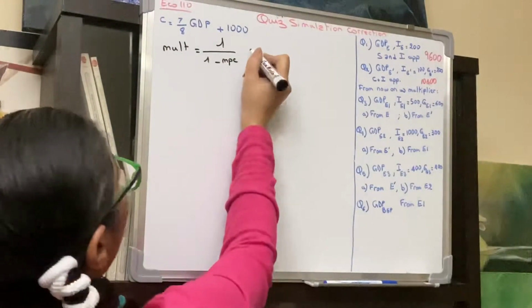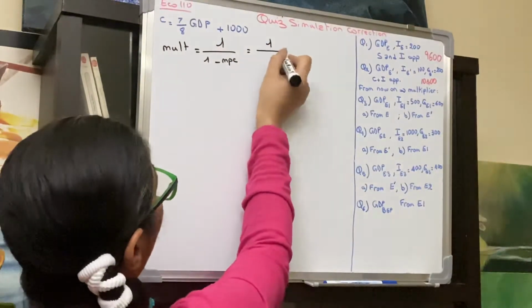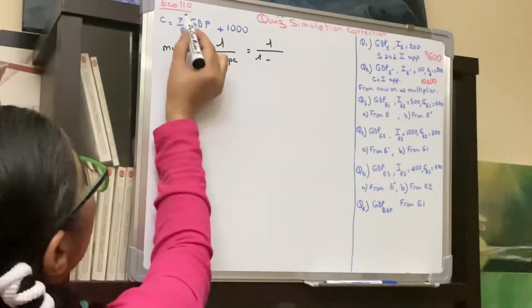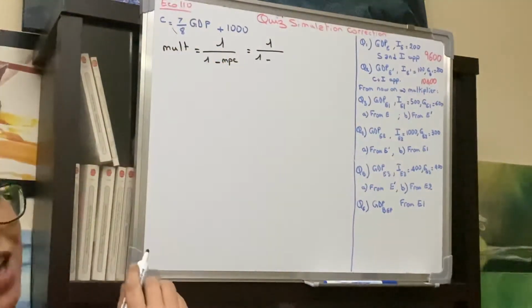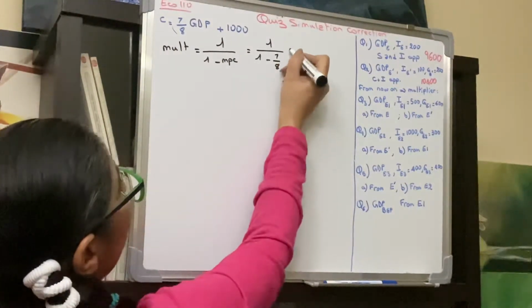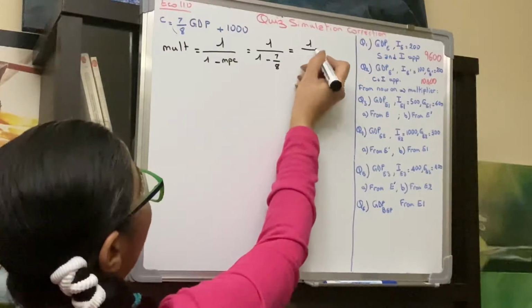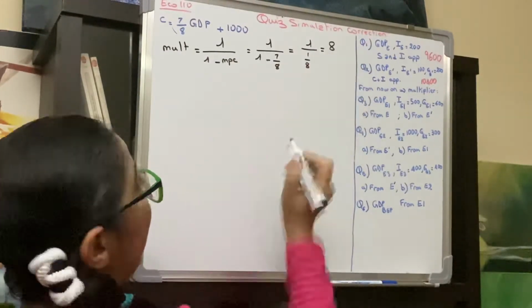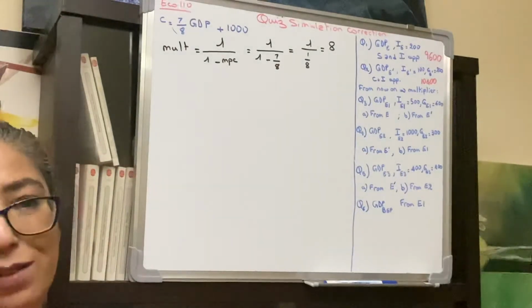Okay? Which is equal to 1/(1 minus, what's MPC? It's the slope of the consumption function, which is 7/8), which is equal to 1/(1/8), which is equal to 8. And that is my multiplier.